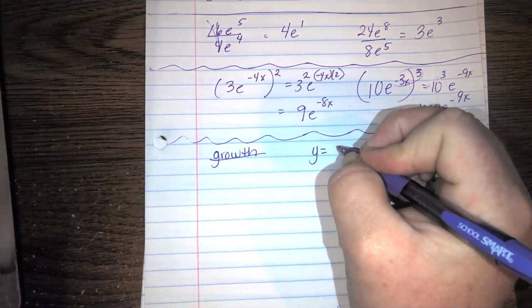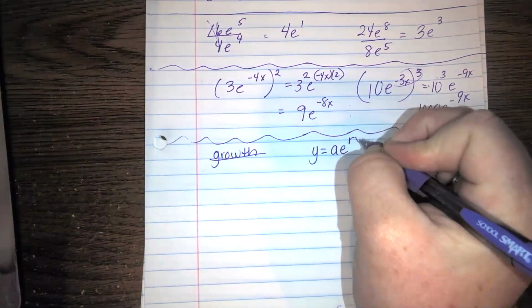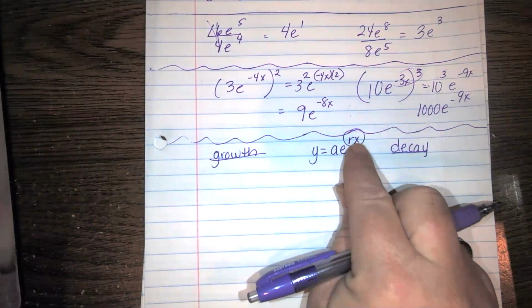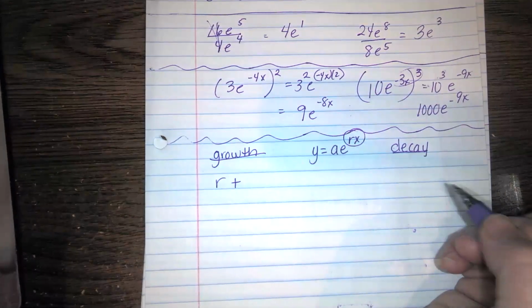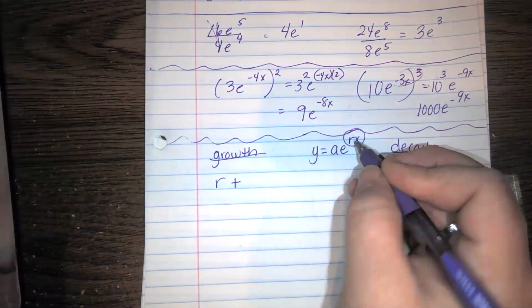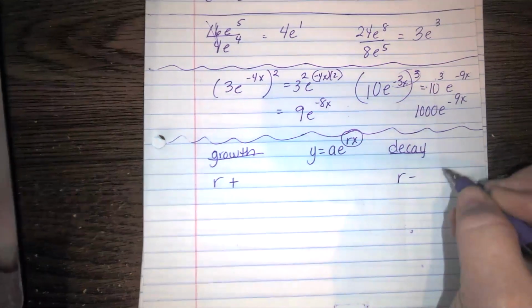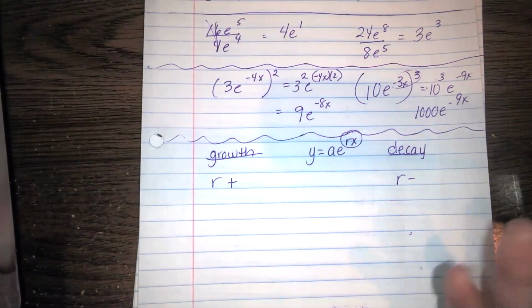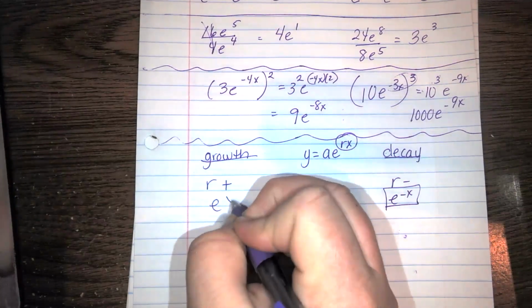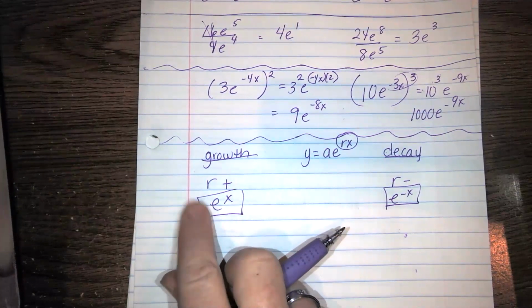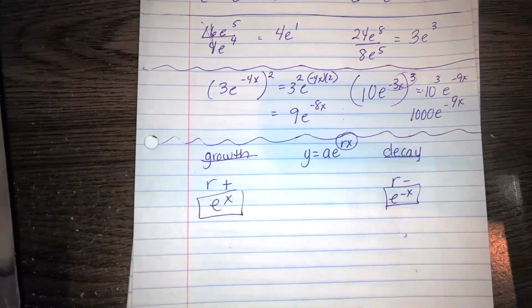If r is positive, it's growth. If r is negative, it's decay. That's all there is to it. So e to the negative x is decay, e to the x is growth. Doesn't matter what you put up front, it's what's in the power. That's as crazy as it gets. All you gotta do is look at the power.